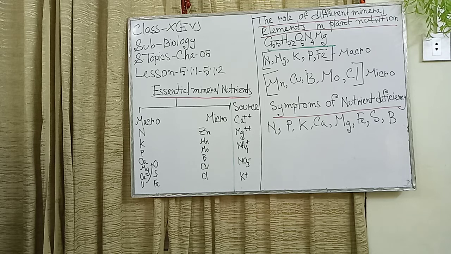Second is phosphorus. Leaves turn purple if a deficiency of phosphorus occurs in the stem. Necrotic spots develop in the leaves. Shedding of leaves, flowers and fruits may occur. The growth of the plant collapses and the plant becomes stunted.